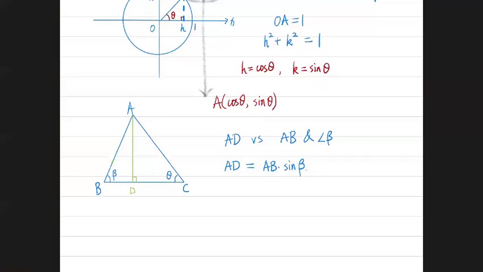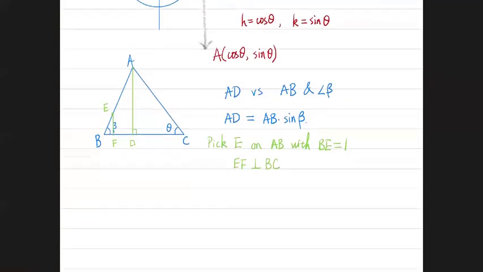We pick a point E and draw a perpendicular line, F. Then EF equals sine beta. That's the definition.